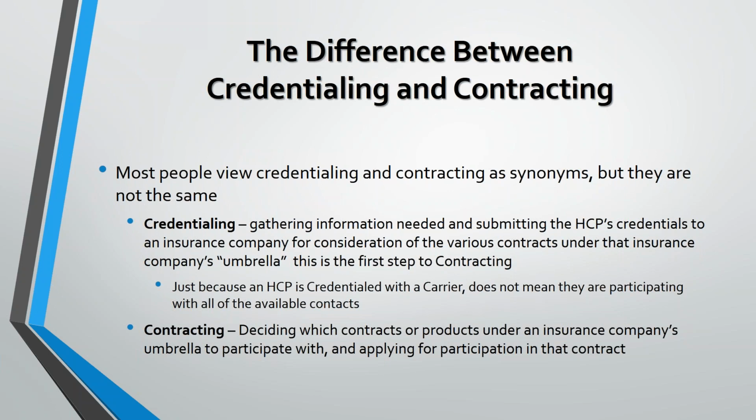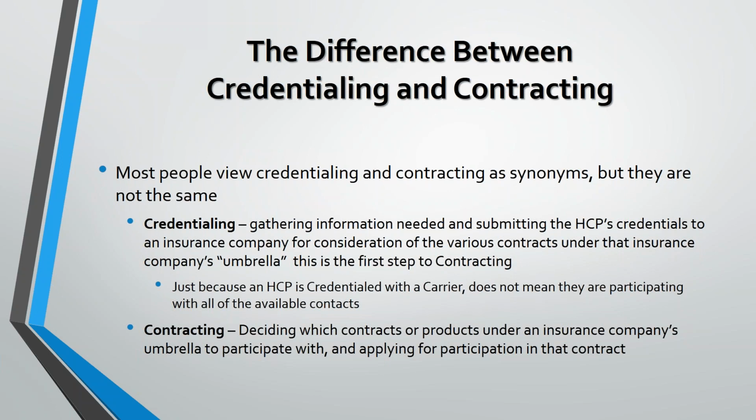When you do contracting, that's where you're deciding on which contracts or products under an insurance company's umbrella you are going to participate with, and then applying for participation in each of those individual contracts. Now, the insurance company may have 7 or 8 different products in your area, and usually what will happen is you will apply for the PPO contracts and for the HMO contracts, and there may be 4 PPO contracts and 3 HMO contracts, and one application will cover all 4 of those contracts.